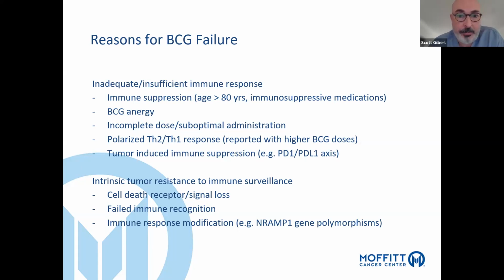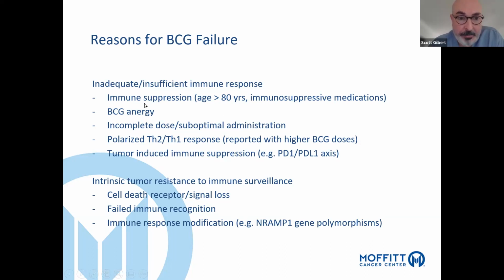And so patients who are immunosuppressed, there's some evidence that as patients age over 80, their immune system doesn't work as well, if they're on high doses of steroids or any kind of immunosuppression related to transplantation, or immune-mediated arthritis, for example, or a GI condition, they may not be a good candidate for BCG.